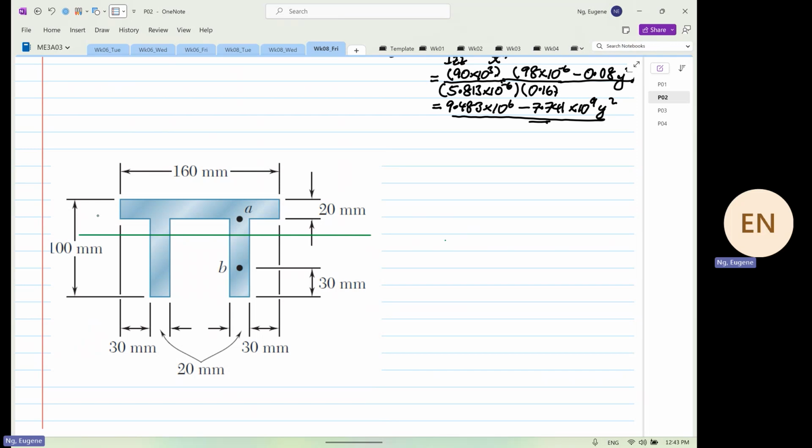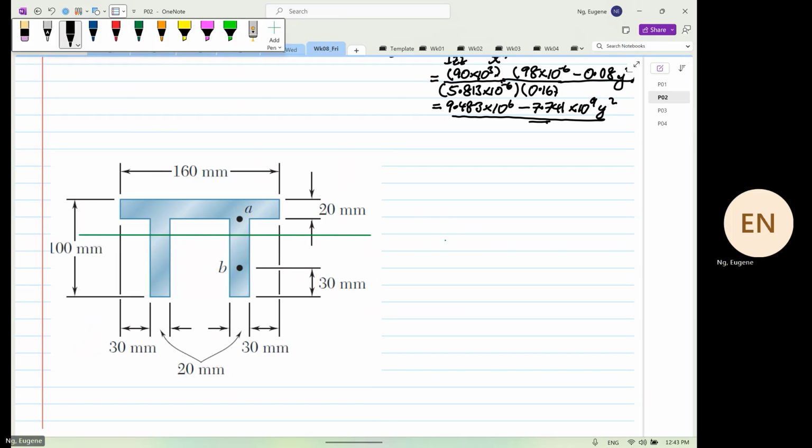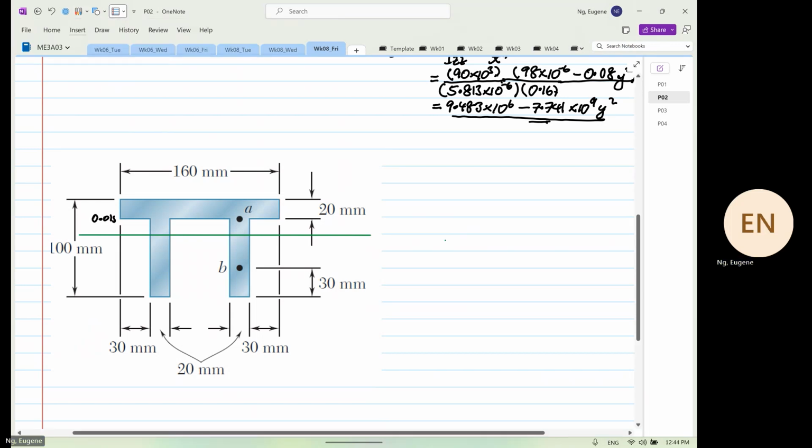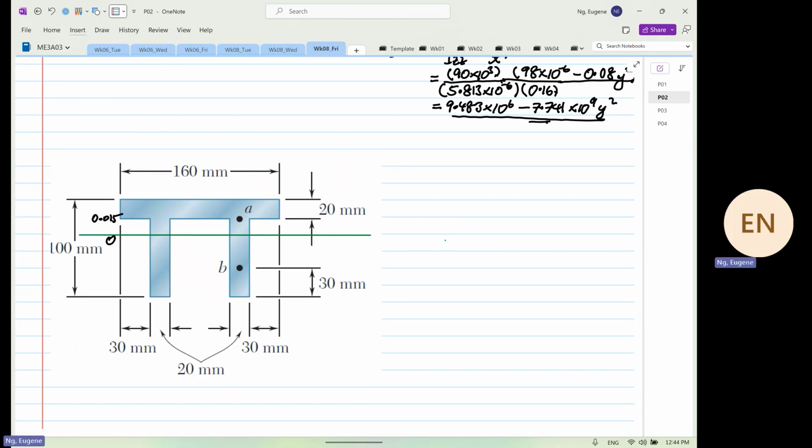It's from 0.015 to 0. Yes or no? Why? Because it's controlled by the thickness. So this is 0 meters, and you go up to 0.015 meters.